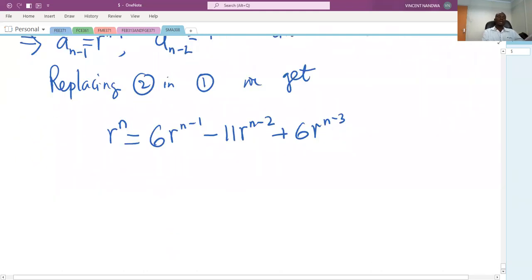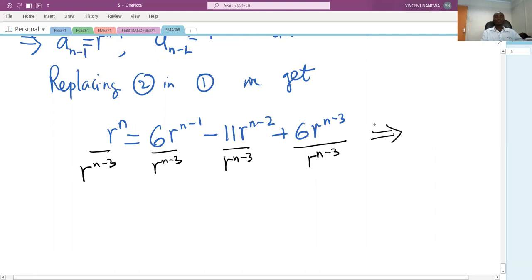And because r is taken to be a non-zero constant, we are allowed to divide through by r raised to the power n minus 3. So this will give us r cubed equals 6 r squared minus 11 r plus 6 as the answer.